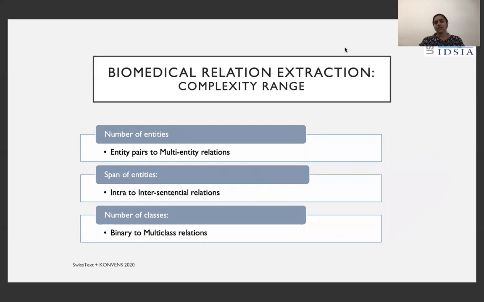In general, any relation extraction problem can be defined in different complexity ranges based on some of these parameters, such as the number of entities, where the complexity can vary from entity pairs to multi-entity relations, the span of the entities from intra to intersentential relations, wherein the entities can occur within a single sentence, or it can span to multiple sentences. Then the number of classes, which can vary from binary to multi-class relations.